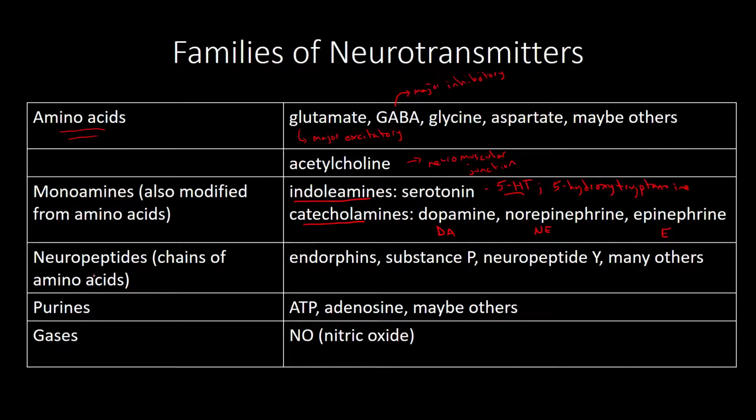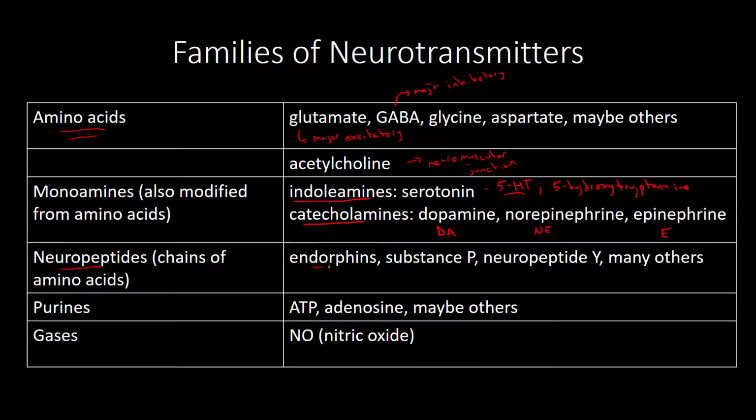Later on, we're going to talk about neuropeptides. Neuropeptides are either very short proteins or long chains of amino acids. These are going to be important for more complex behavior. We're going to talk about it in the context of pain or feeding. We'll get to that later.